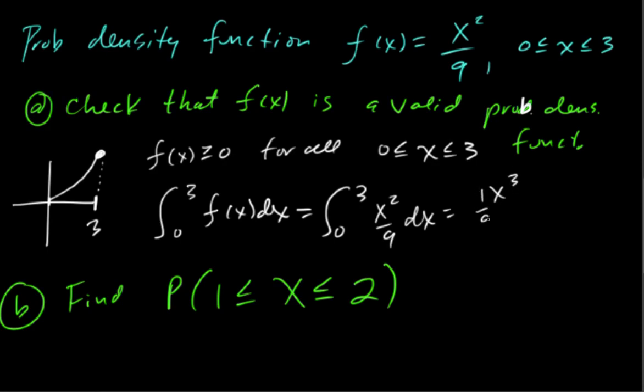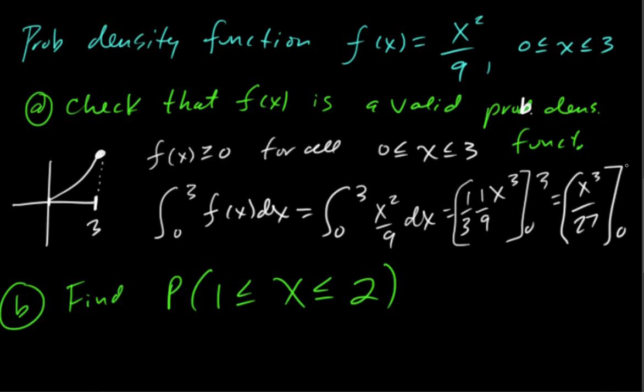We already have 1 over 9, and we need to do 1 over 3. So if we multiply those together, we're going to get x cubed over 27. And if we evaluate that from 3 to 0, we're going to get 3 cubed over 27 minus 0 cubed over 27.